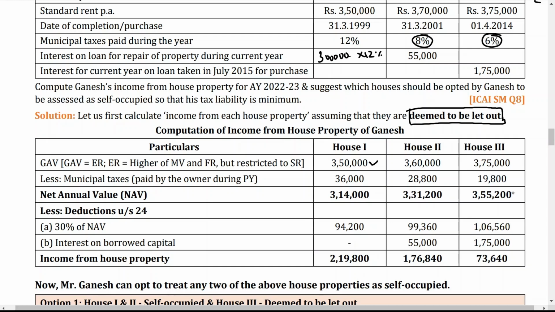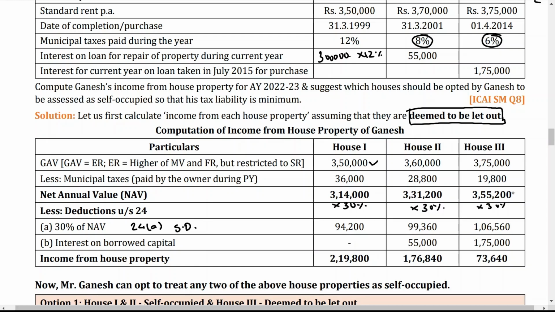This is the standard deduction, also called 24A standard deduction, and it is 30% of NAV. So you have to take 30% of 3,14,000, 30% of 3,31,200, and 30% of 3,55,200. You will get 94,200 in first case, 99,360 in second case, and 1,06,560 in third case, respectively.